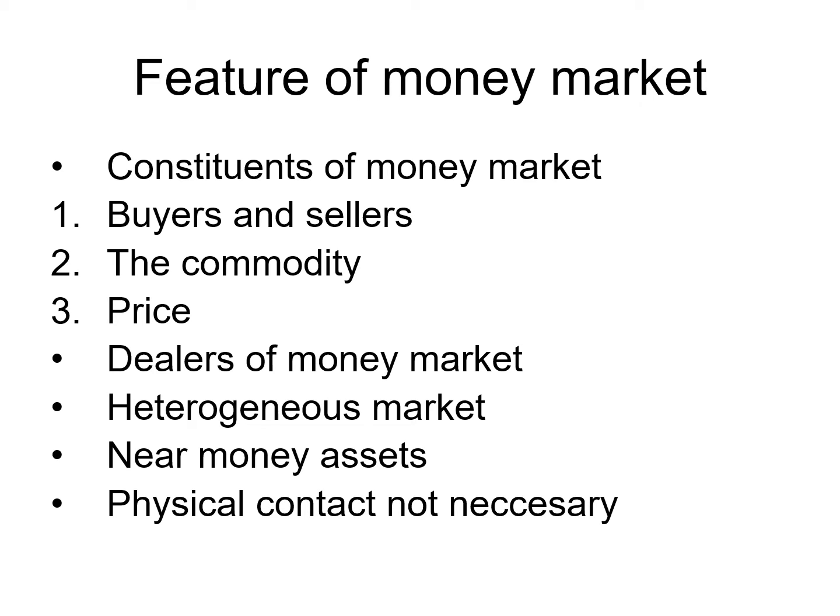There are brokers, and they are actually making deals between the buyers and sellers. It is actually a heterogeneous market, where there are different types of instruments. And this is actually a market of near money, and mostly near money assets are being dealt in the money market. But the physical contact is not necessary, because you can appoint a dealer or a broker who can buy and sell the instrument for you.